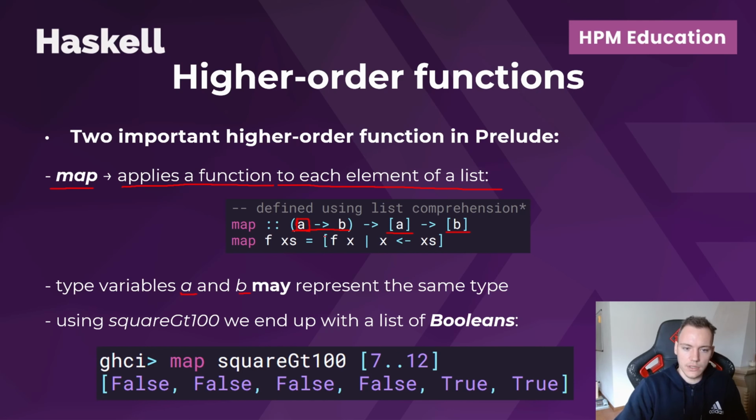And then if we map this function to a given list, we get back a new list with the elements being the result of the function application. So squareGT100 applied to 7 returns false, to 8 returns false, 9 returns false, 10 false, and then finally 11 and 12 equate to true for this function, and that's what we get in the new list.